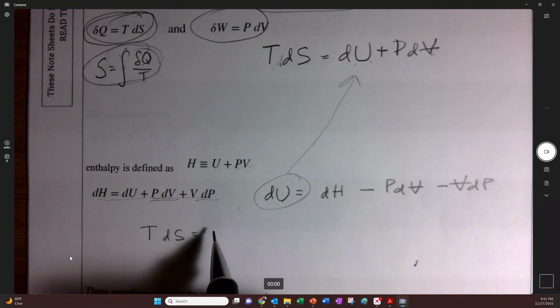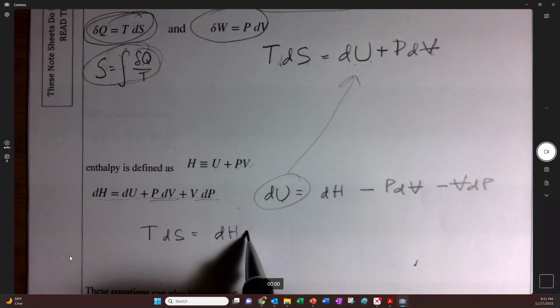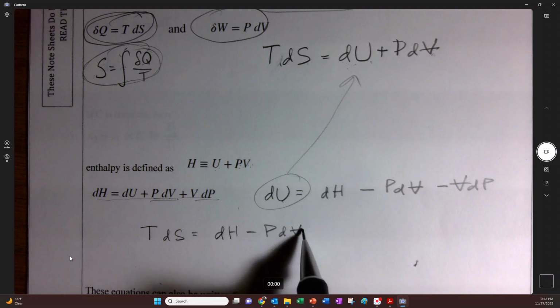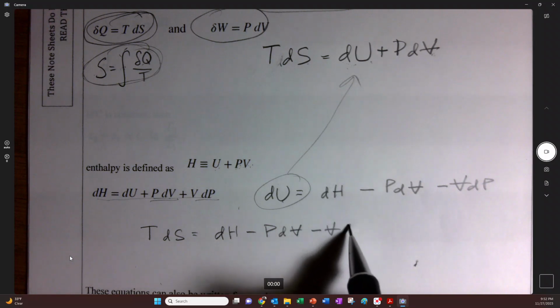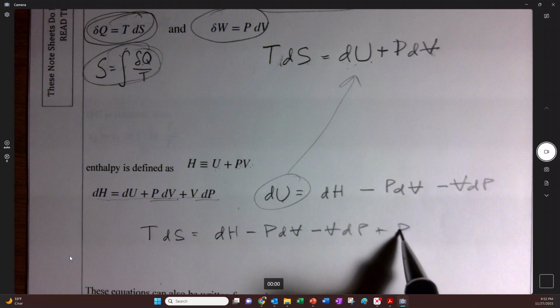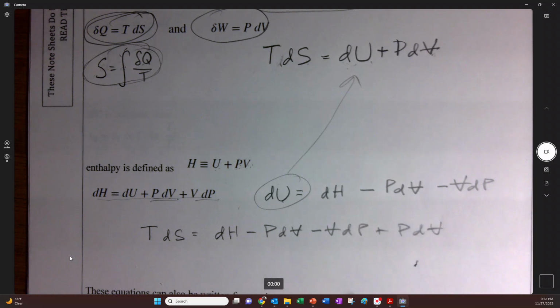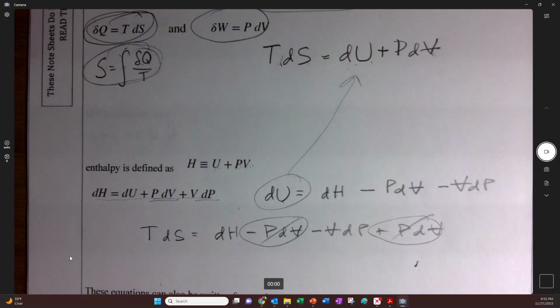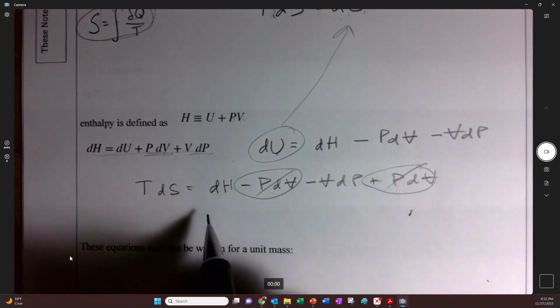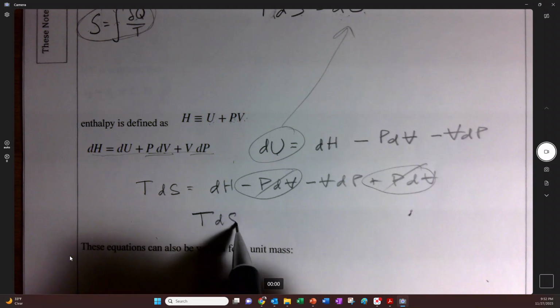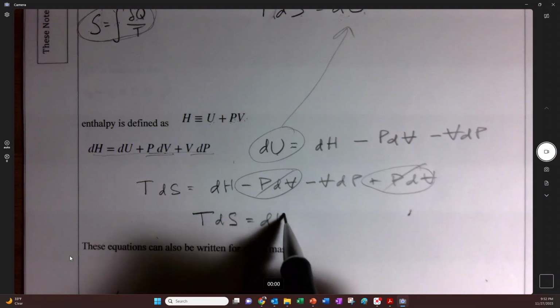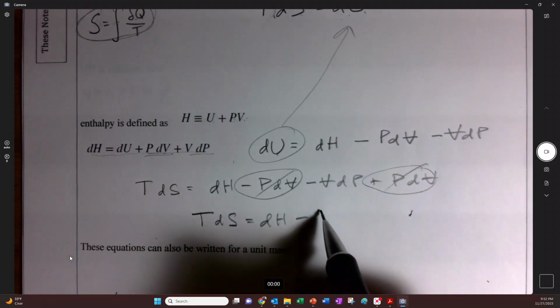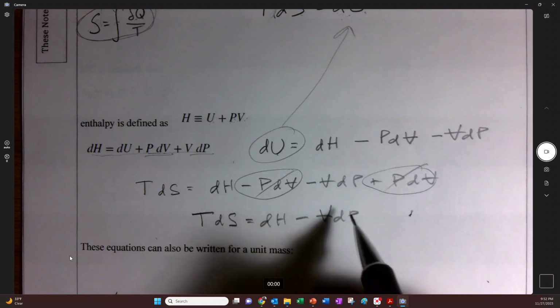T ds is equal to dH minus P dV minus V dP plus P dV, right? And so you can see that those two are going to cancel out from each other. So what we're left with is T ds is equal to dH minus V dP.